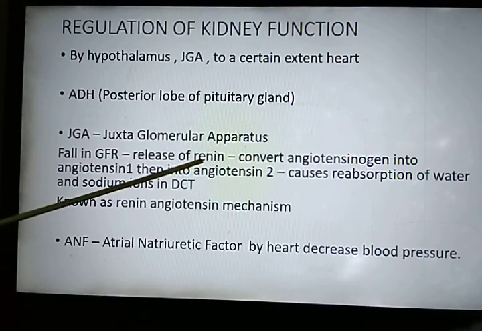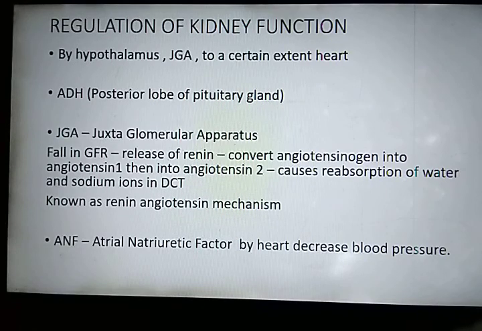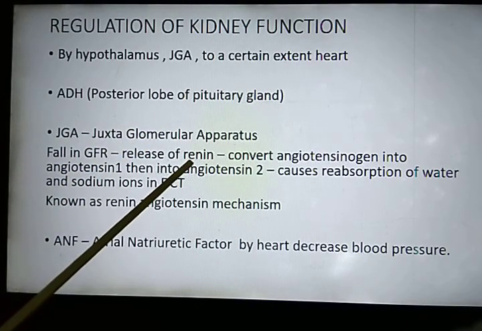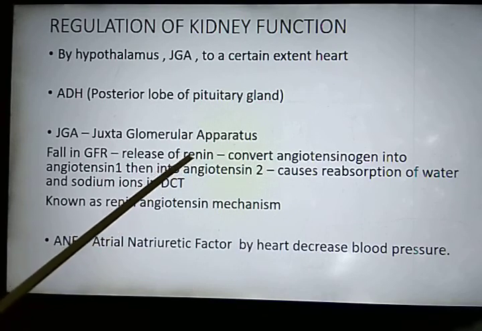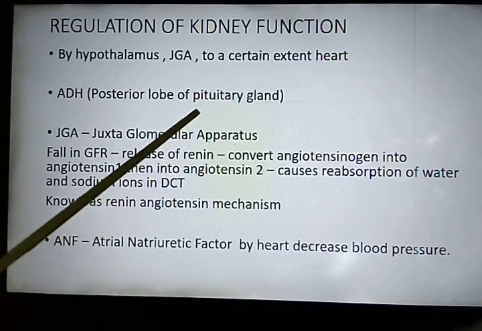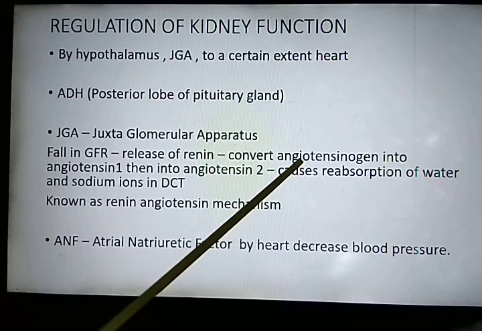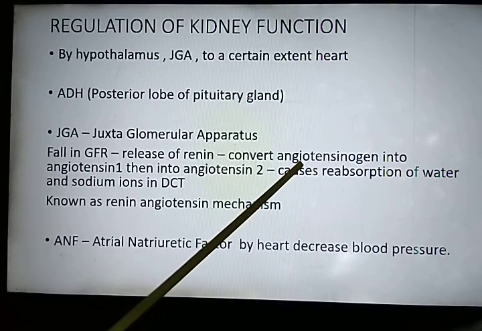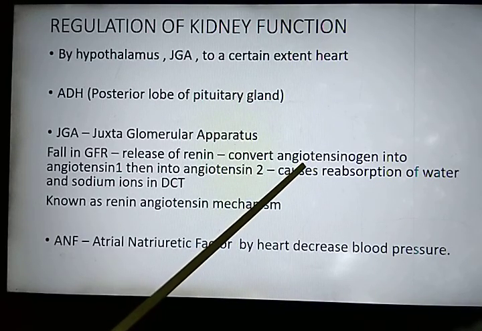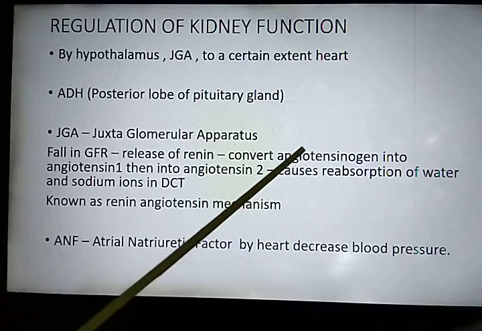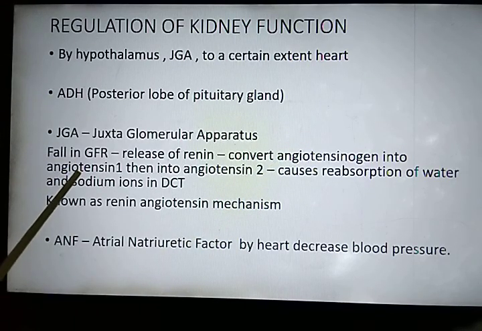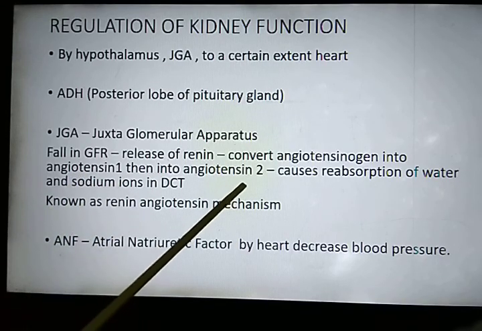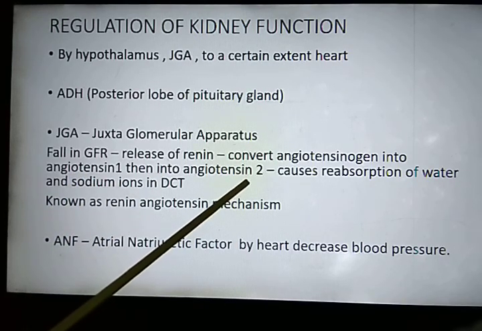This renin then acts as an enzyme and it converts angiotensinogen. Angiotensinogen is present in blood, and it is converted, first of all, into angiotensin 1, then into angiotensin 2.